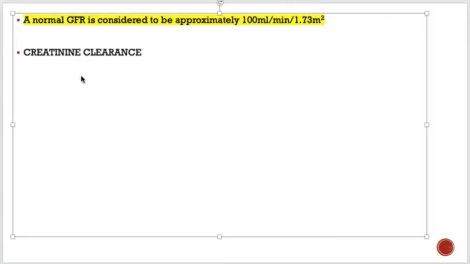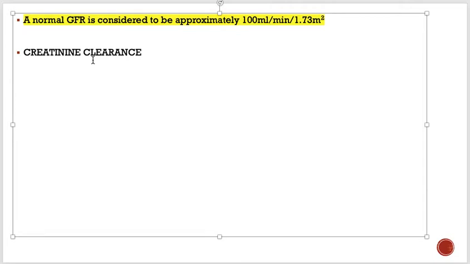Now there are some difficulties with this method. What are the difficulties? Of course, the plasma creatinine is measured in micromole per liter, not millimole per liter, so we have to convert that. Nowadays, it's not a problem because online converters are available. The second difficult thing is that it depends on the urine flow rate, which is usually measured in liters per 24 hours, or the amount of urine produced in 1 day, or in 1,440 minutes.